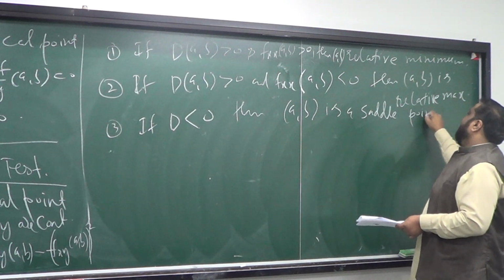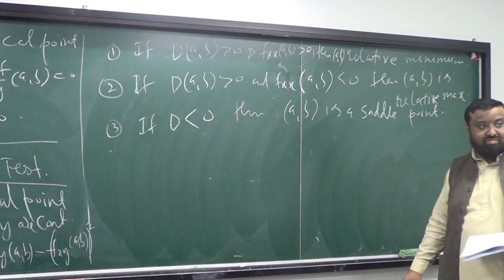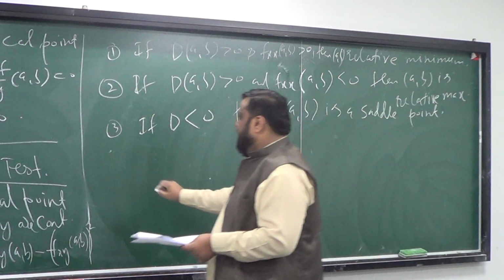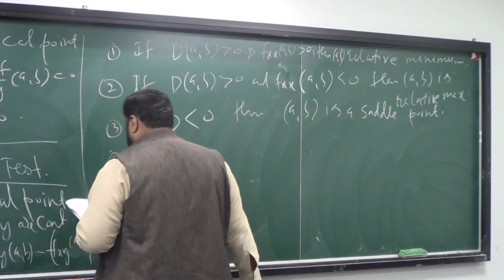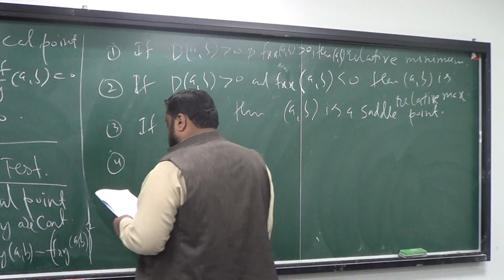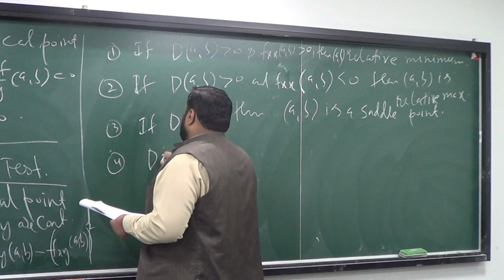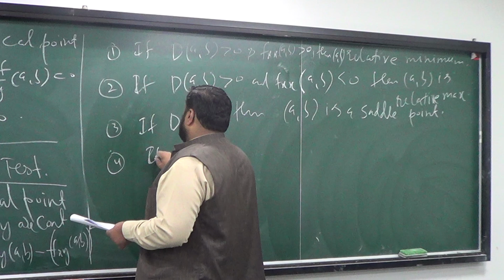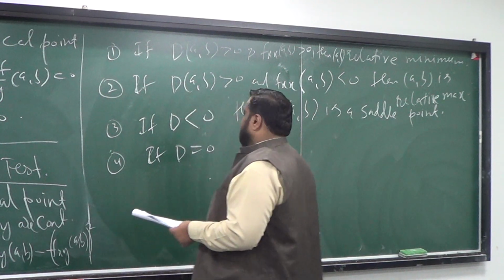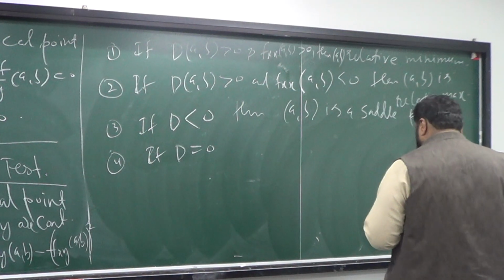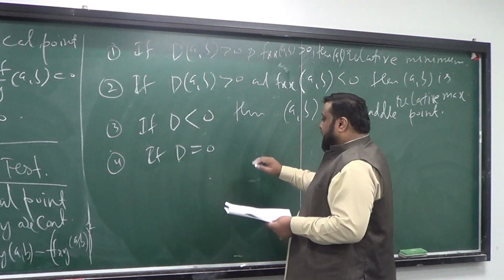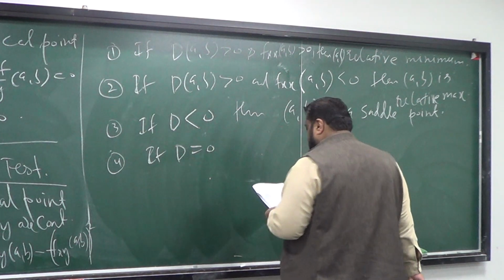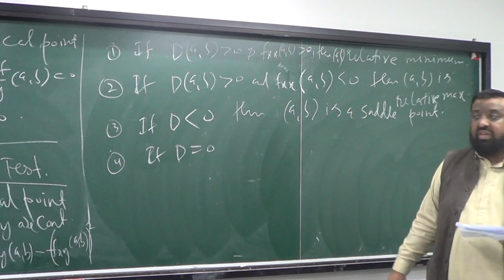Which is really the analog of a point of inflection here. And this is the fourth situation: if D is 0, then the situation is inconclusive.